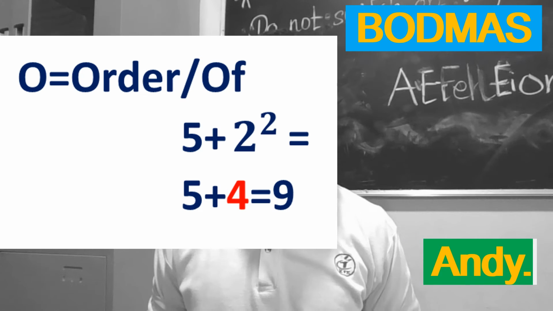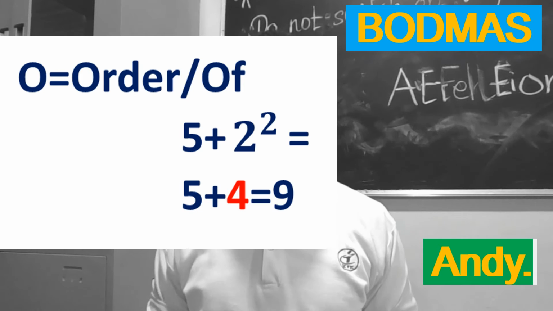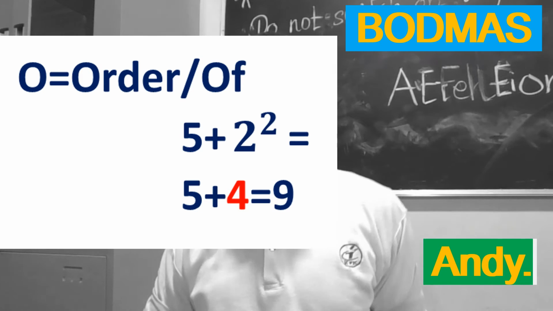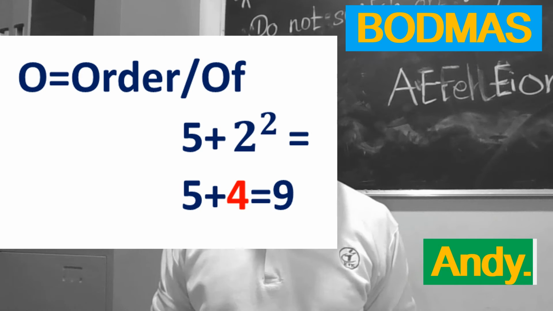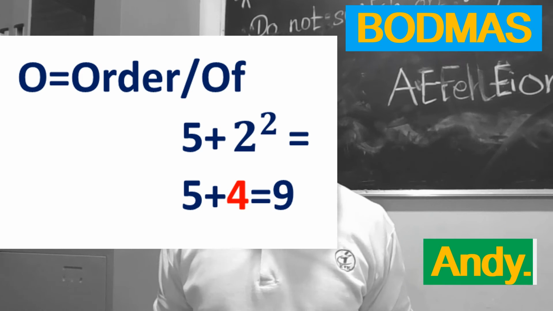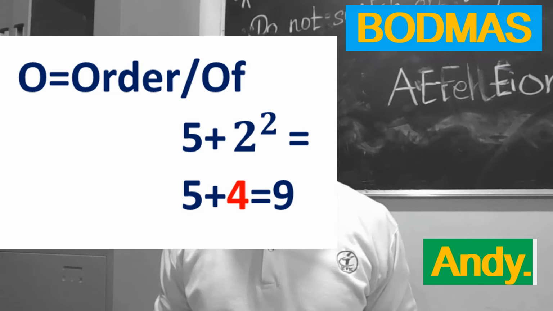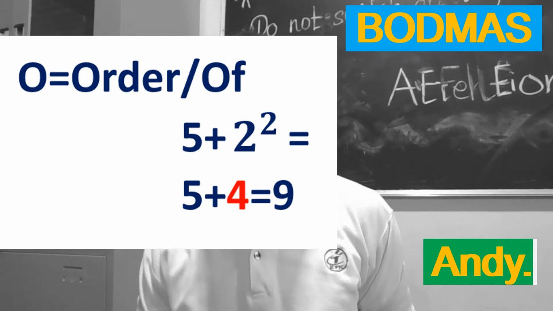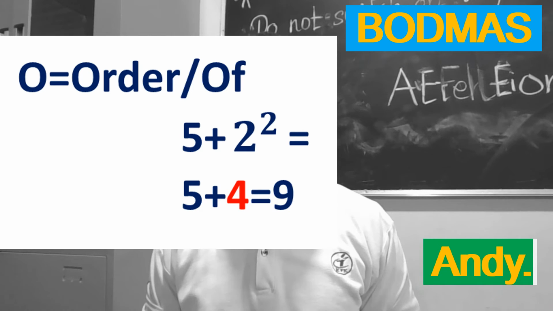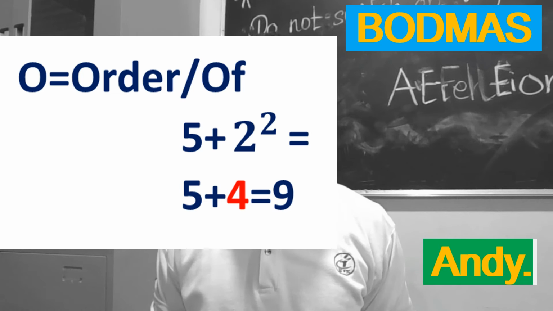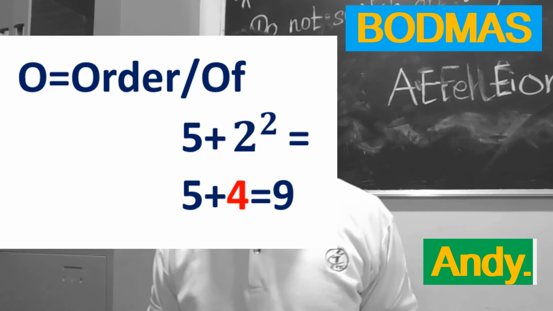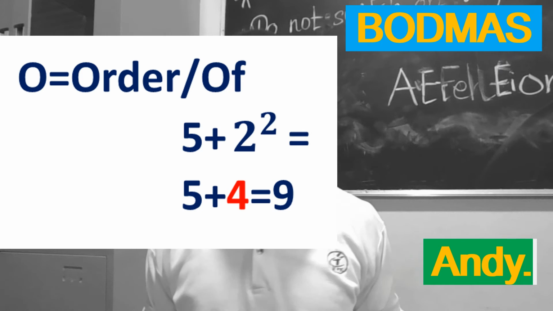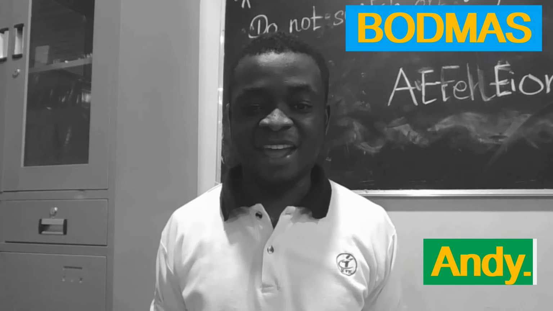So let's move on to the exponents first. In our previous lesson we have already learned about exponents, so we know 2 raised to the power 2, or 2 exponent 2, is 4. So we are done with that. We already have our 5 there. So 5 plus 4 will give you 9.